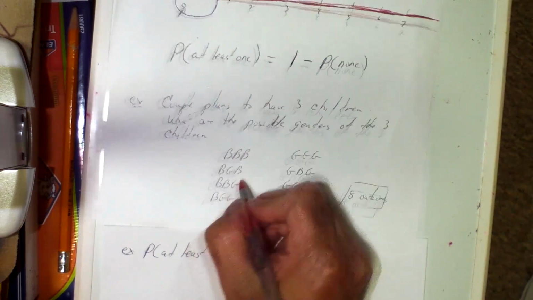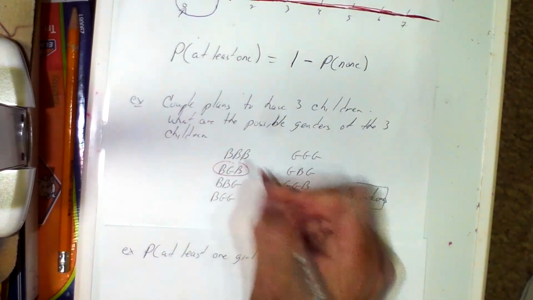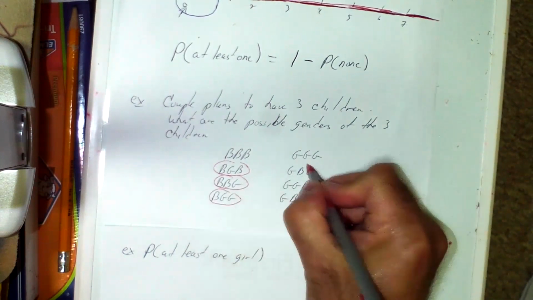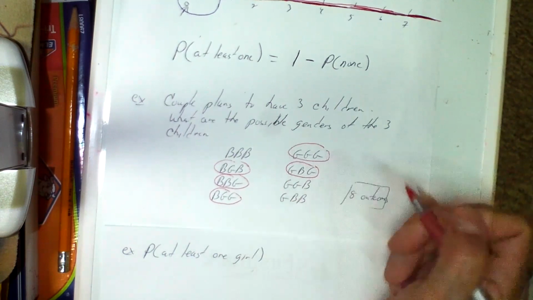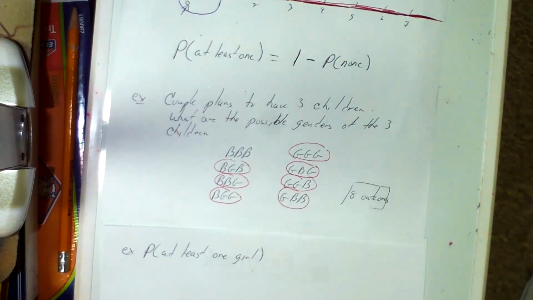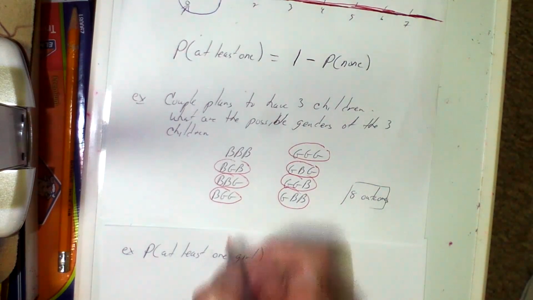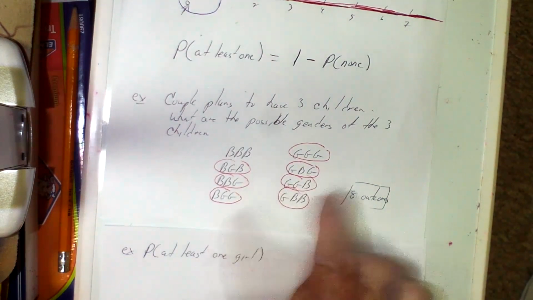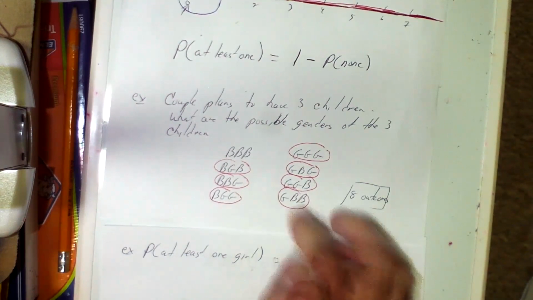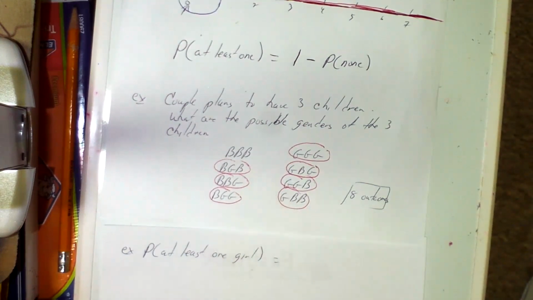This one has one girl. This one has at least one girl. This one, this one, that one, that one and that one. Those are the ones that have at least one girl within the set. So if I do my probability, there are 7 out of the 8. 7 out of 8.